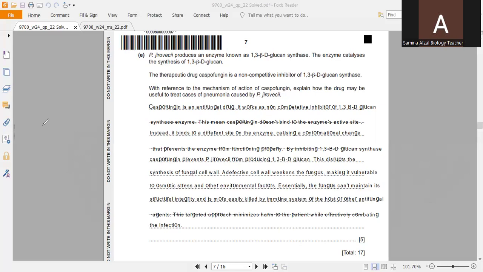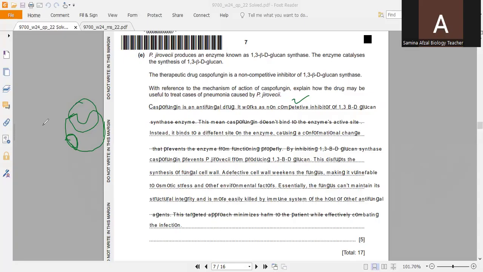So after explaining this, how it happens. Caspofungin is an antifungal drug. It works as a non-competitive inhibitor of the 1,3-beta-D-glucan synthase enzyme. And how the non-competitive behavior takes place, I already told you: instead of arranging itself on the active site, it will attach anywhere on the enzyme, due to which the shape of the active site will be changed.